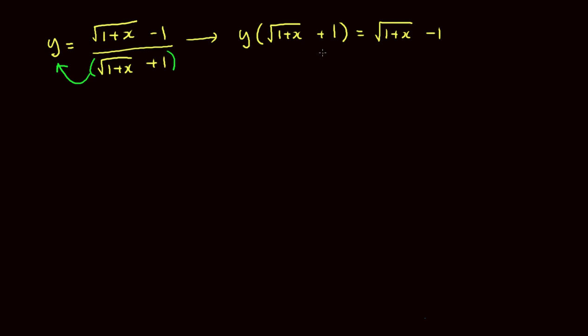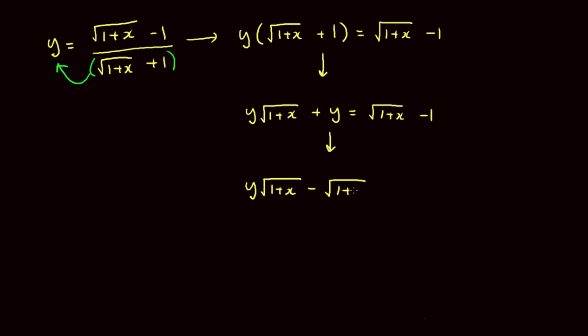Then the next step: y times root 1 plus x plus y equals root 1 plus x minus 1. Then we rearrange a little, so it becomes y root 1 plus x minus root 1 plus x is equal to negative 1 minus y.